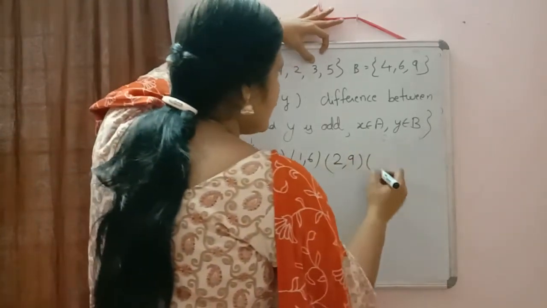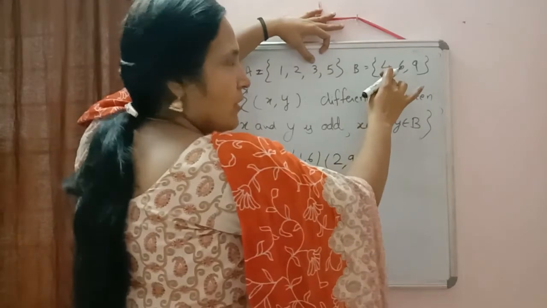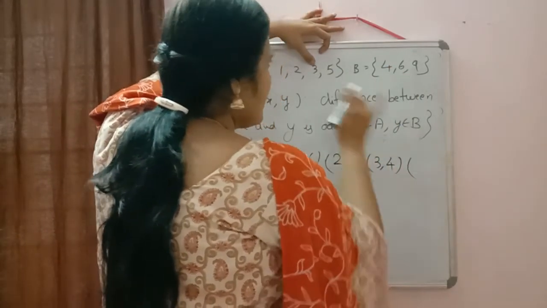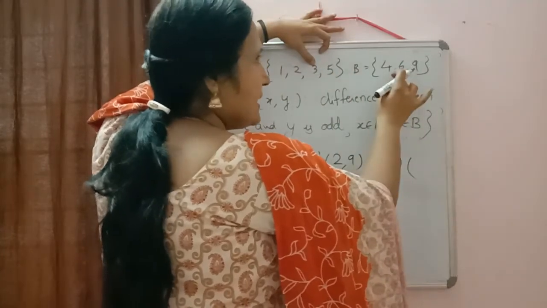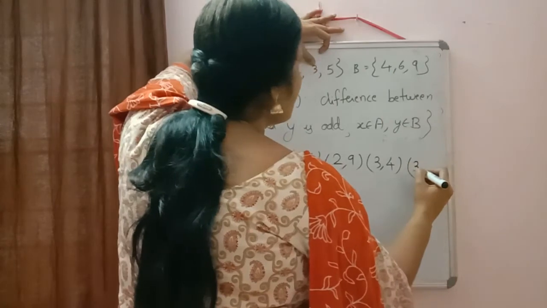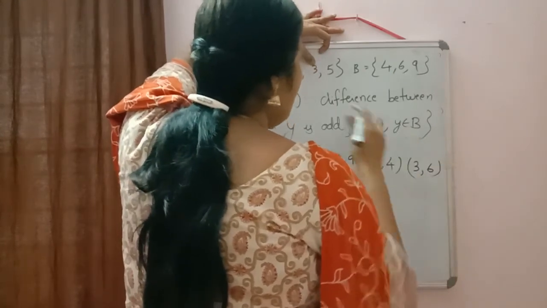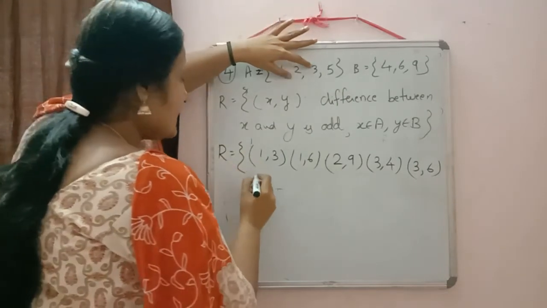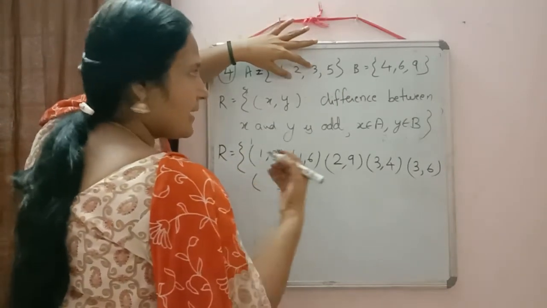Now we'll check with 3. 3 minus 4 is minus 1. Yes, odd. So (3, 4) will come. (3, 6). 3 minus 6 is minus 3. Yes, odd. So (3, 6) also will come. Then next (3, 9). 3 minus 9 is minus 6. No. So (3, 9) will not come.